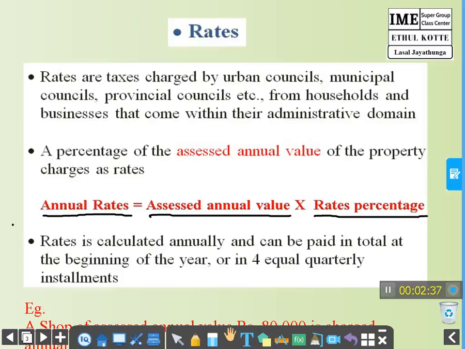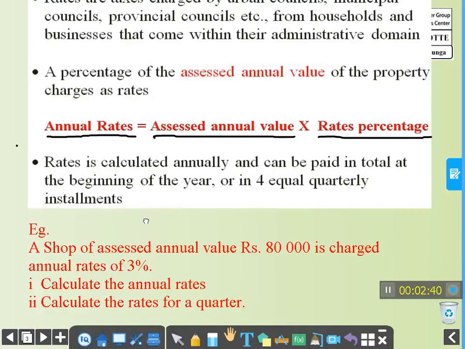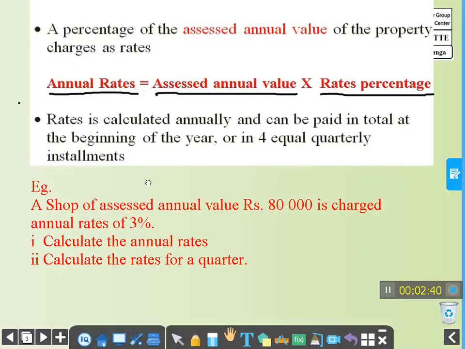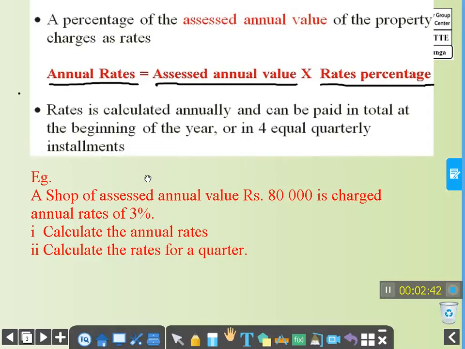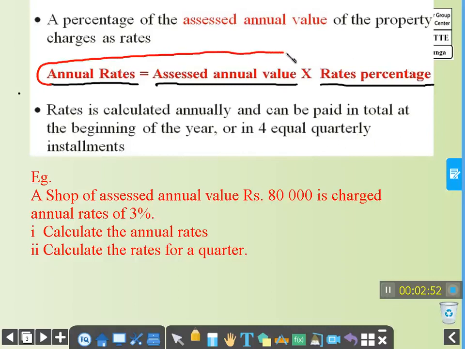Right. Further, rates is calculated annually and can be paid in total at the beginning of the year or in 4 equal quarterly installments. From this equation, we can find the annual rates, the annual tax amount.